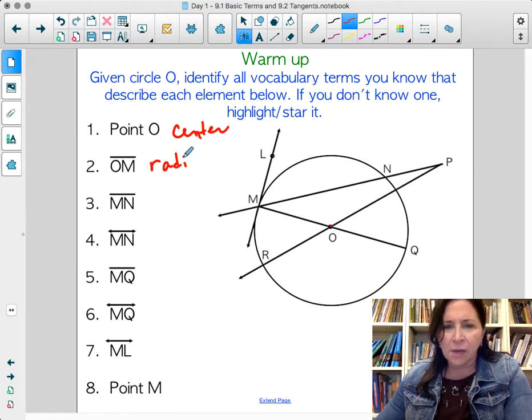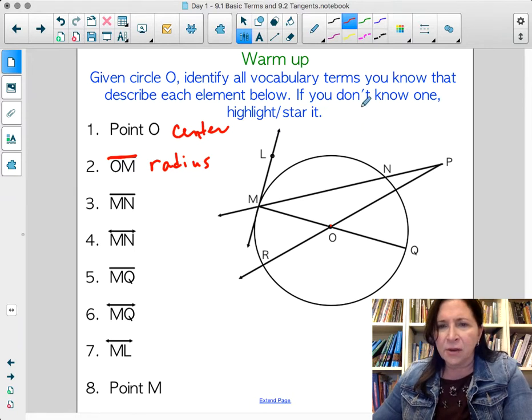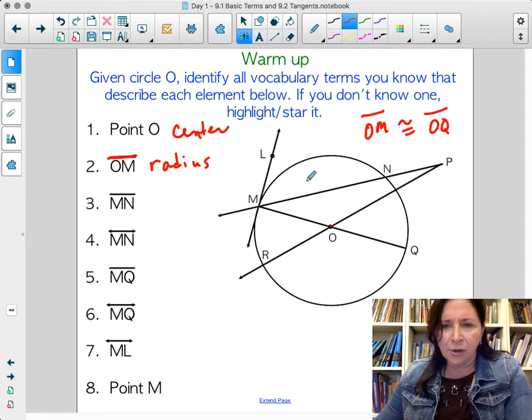Okay, line segment OM, this length right here, is what we call a radius. A couple of things you need to remember: a radius has a length, a segment length. When you see OM with the line over it, you can say it's congruent to, let's say, OQ, because those are both radii and all radii are congruent.